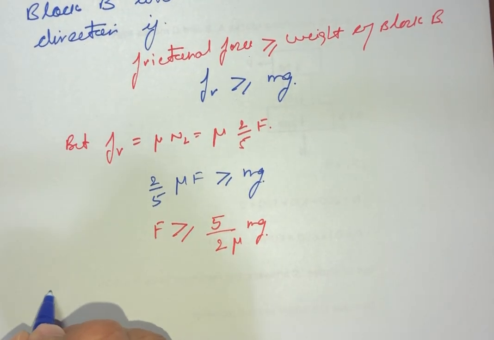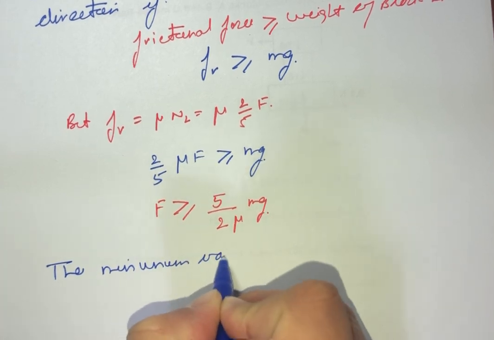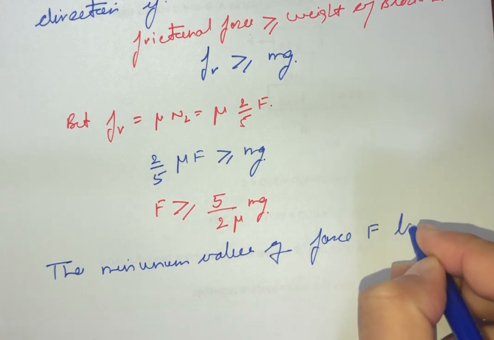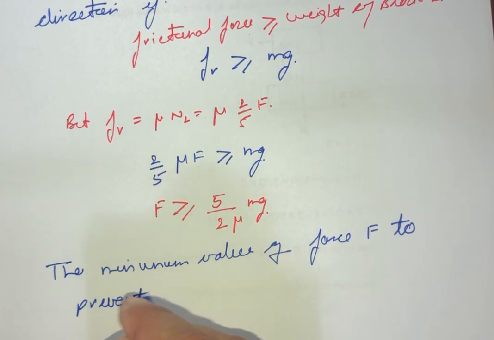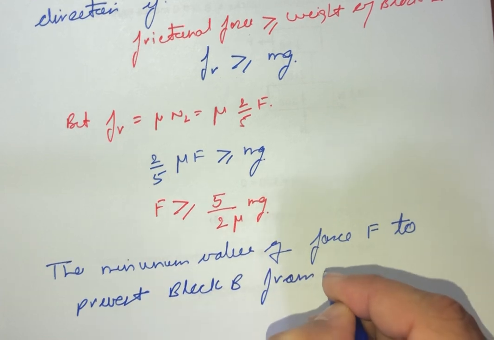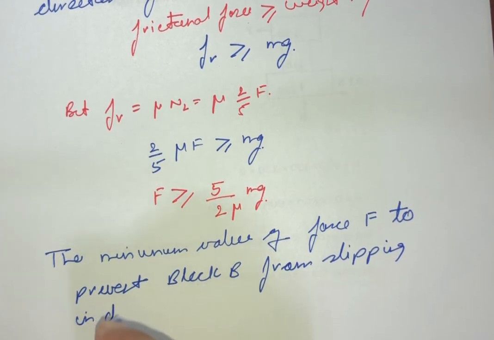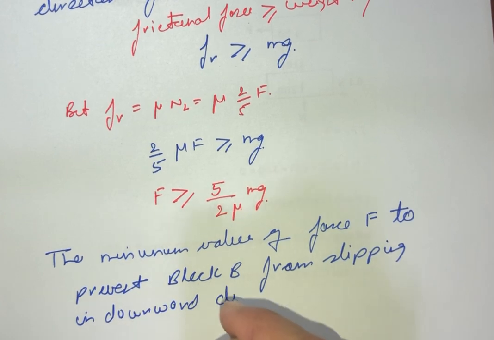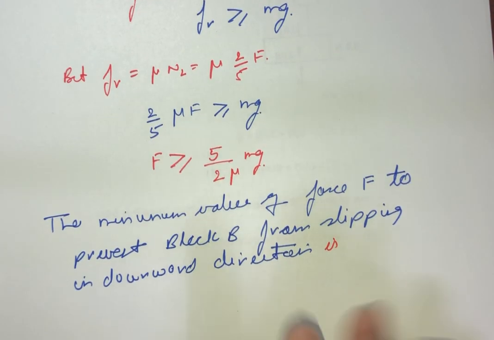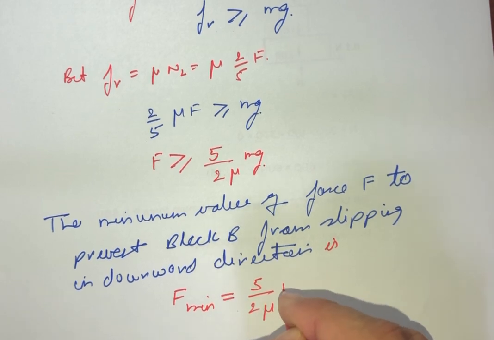So the minimum value of force F to prevent block B from slipping in the downward direction is F minimum equal to 5 upon 2 mu mg.